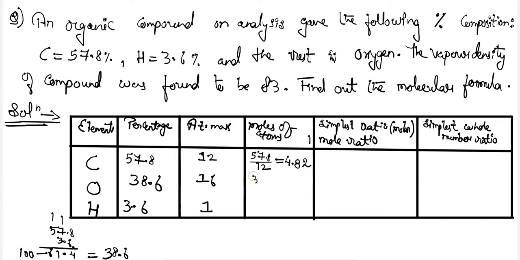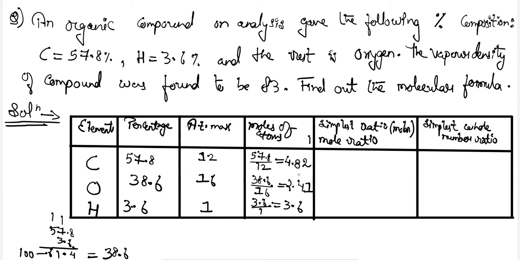Next, 38.6 divided by 16, which is 2.41. Last, 3.6 divided by 1, so it will become 3.6 only.